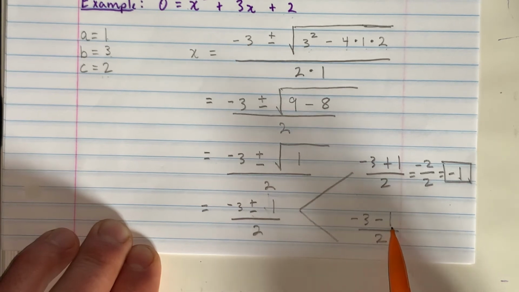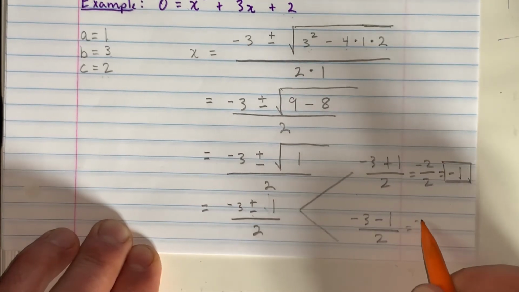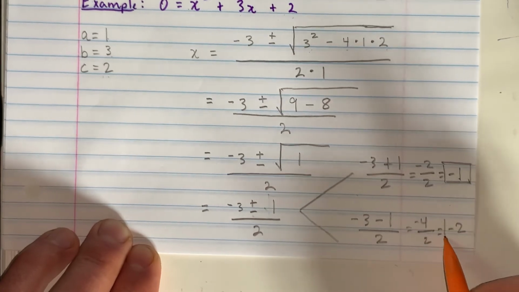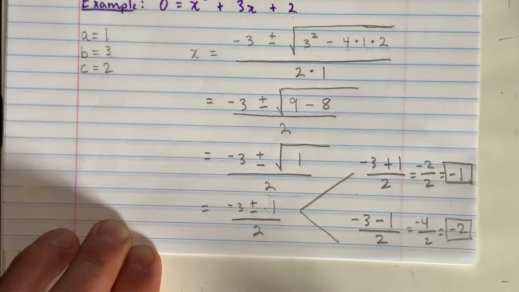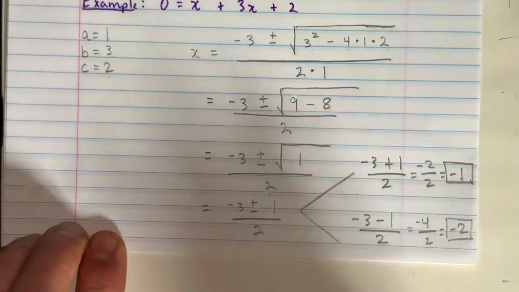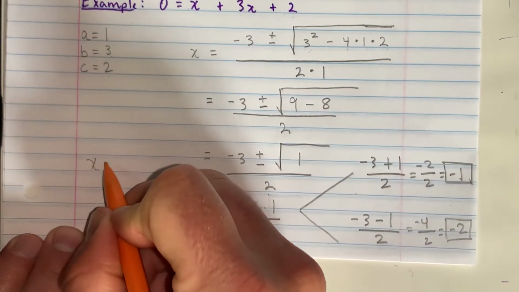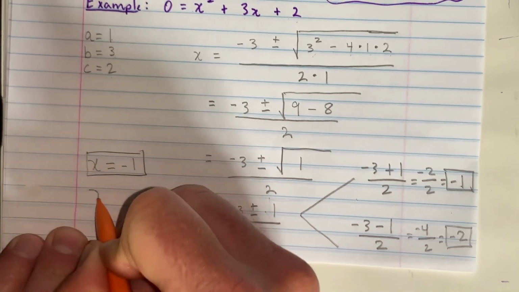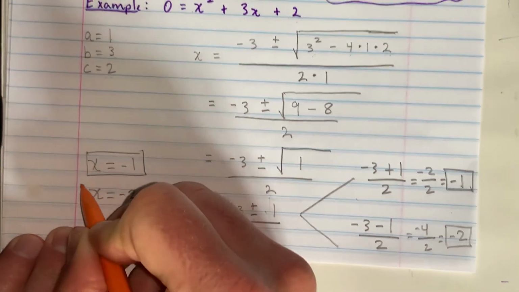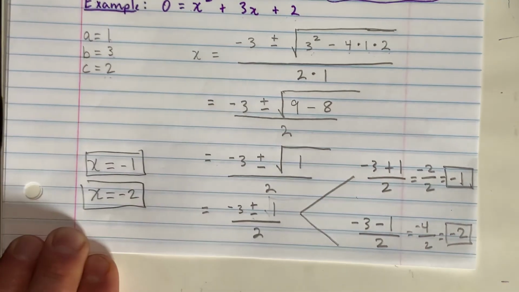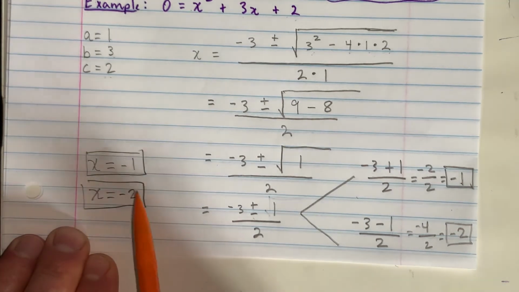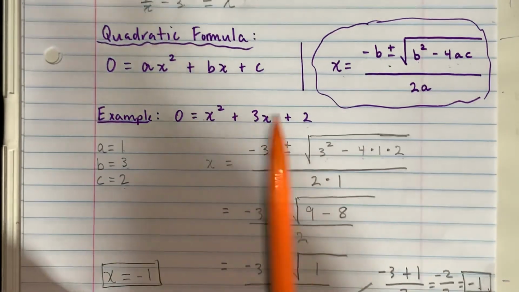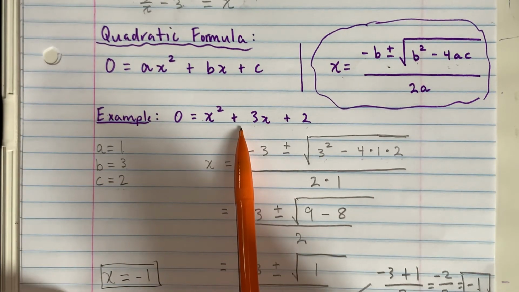Negative 3 subtract 1 is negative 4, divided by 2, which is negative 2. So those are our 2 solutions, our 2 x-intercepts. There's one, and there's the other one. These would be where this function would hit the x-axis.